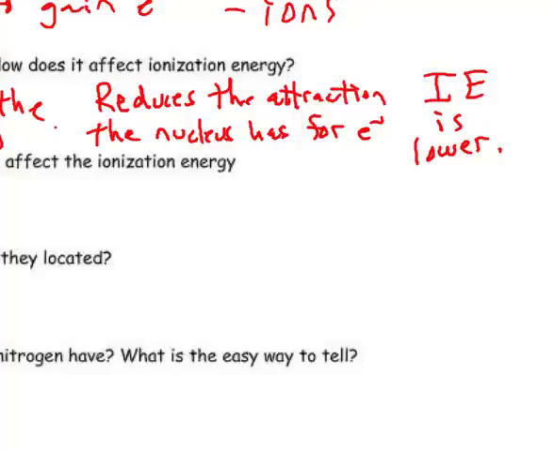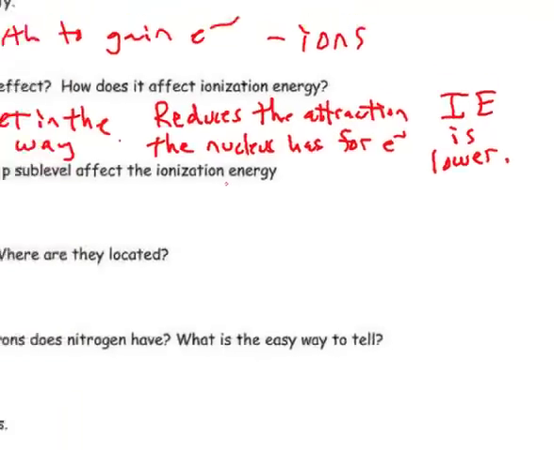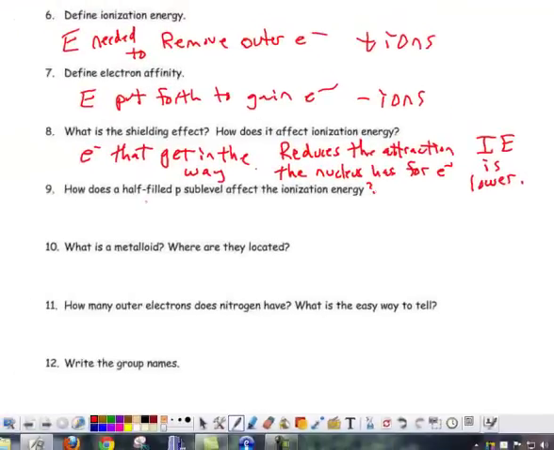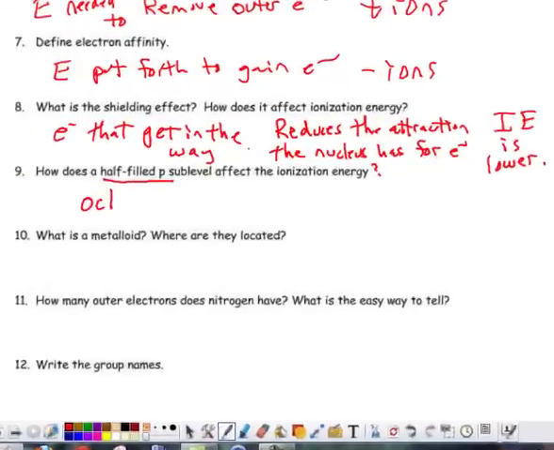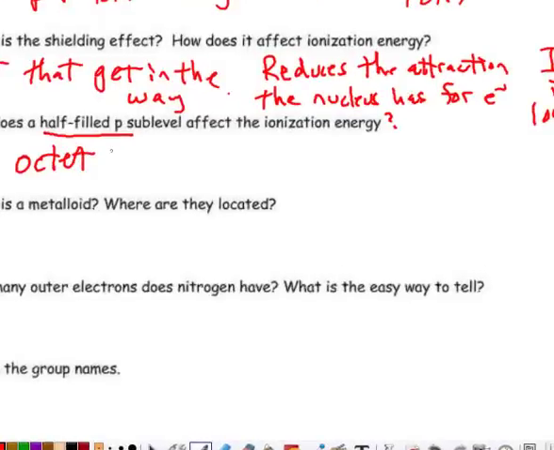How does a half-filled P sublevel affect the ionization energy? The way a half-filled P, remember we talked about levels of stability. The most stable you can be is an octet. Octet is greater than a filled S, P, or D. We don't really talk about the Fs.